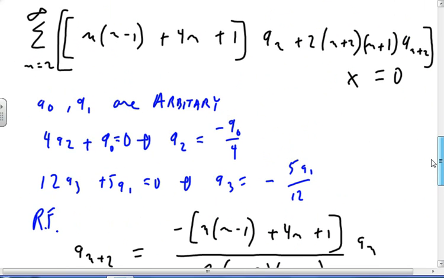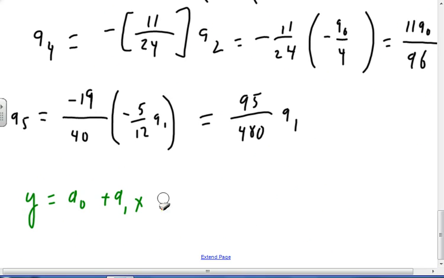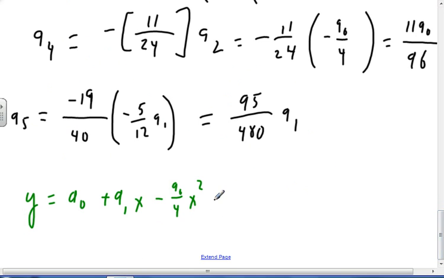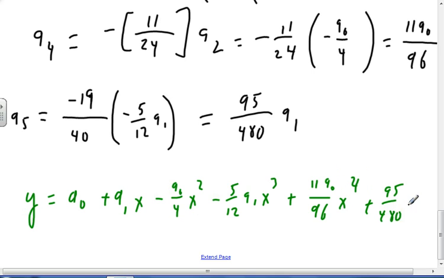A2 minus A0 over 4, minus A0 over 4x squared plus A3 minus 5 over 12 A1x cubed plus 11A0 over 96 x to the fourth, plus 95 over 480 A1x to the fifth. Okay, so those are the terms we have.